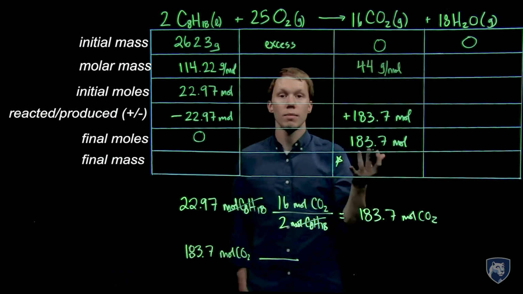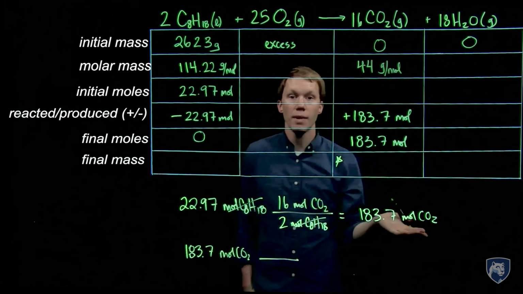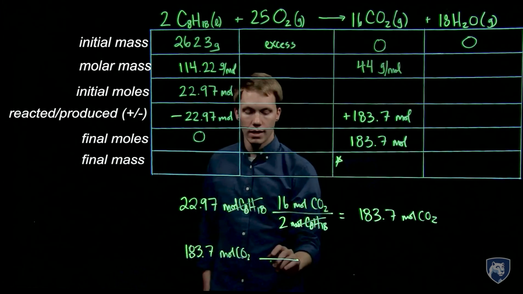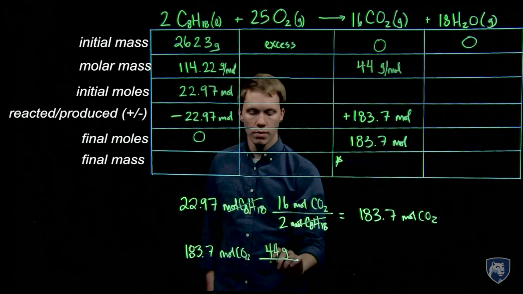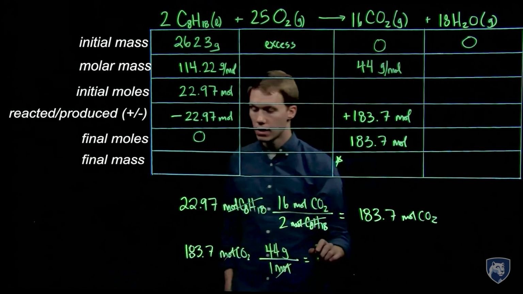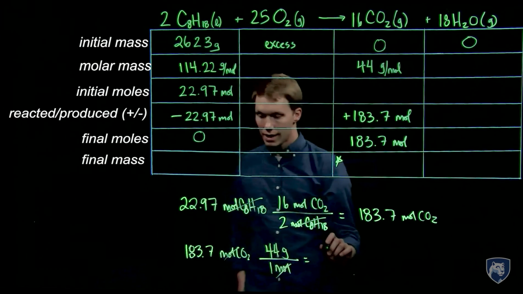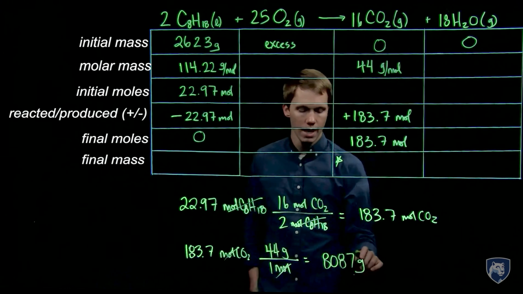Notice I didn't plug this in at the beginning because I'm actually not going to need masses for these other things. I'm not going to waste my time doing that until I need it. 44 grams per 1 mole. So we have mass of CO2, it's 8,087 grams.